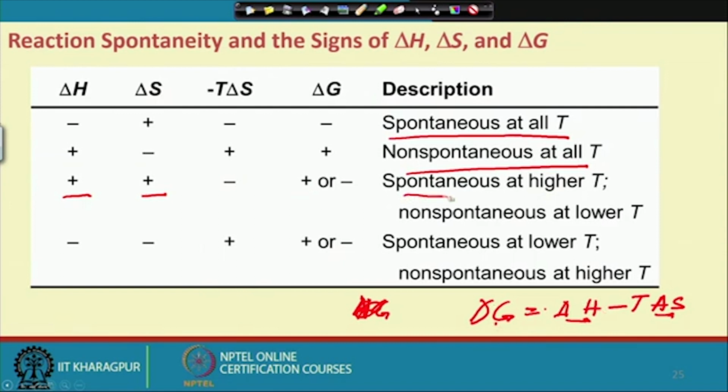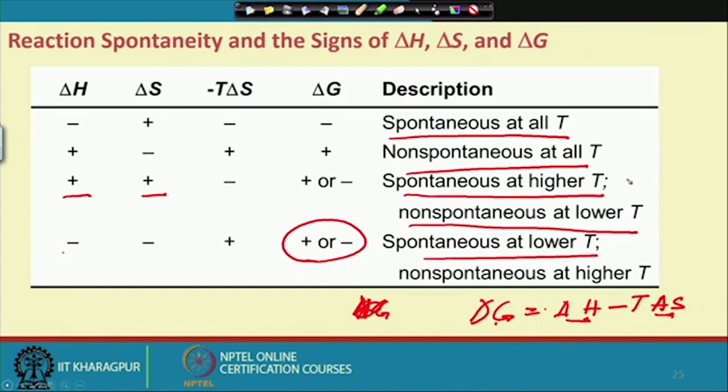It may be spontaneous at high temperature and non-spontaneous at low temperature. Now, if del H is negative and del S is negative, then again the change of free energy may be plus or minus. It is spontaneous at lower temperature. This is the reverse of the previous case, and non-spontaneous at high temperature.